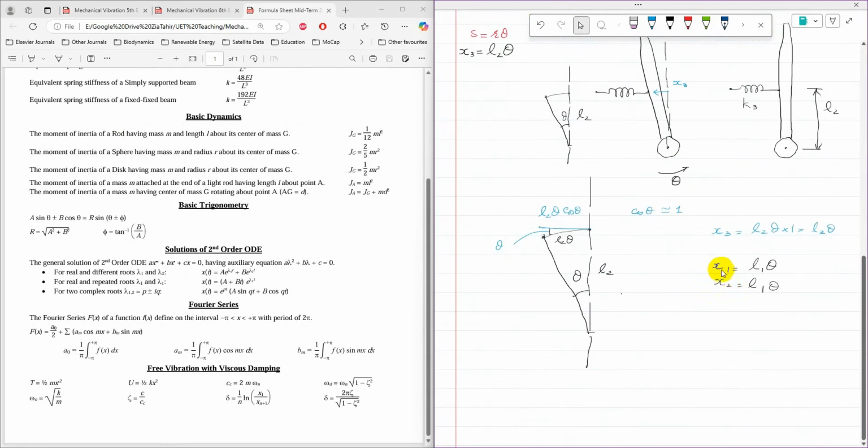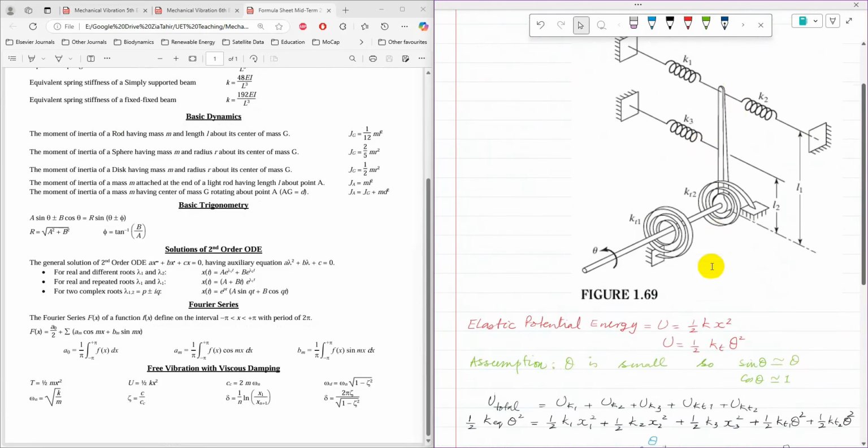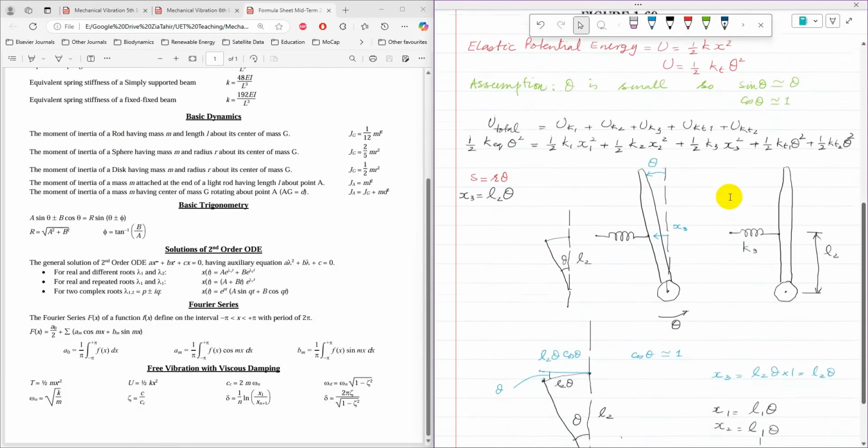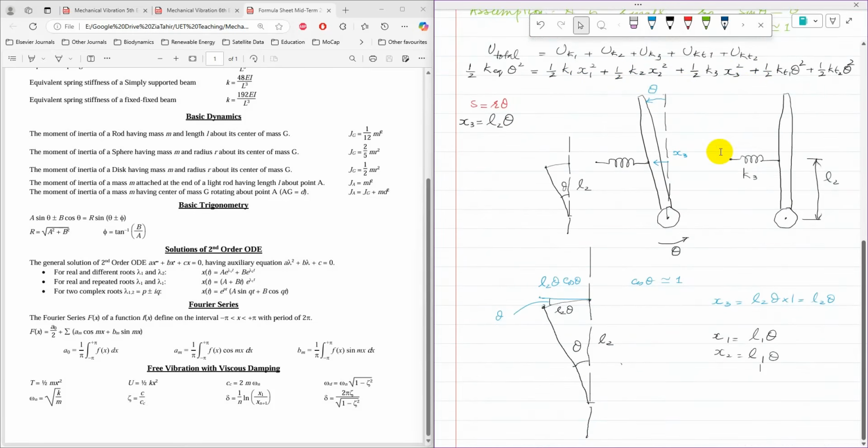So x1 is equal to L1 theta and x2 is again equal to L1 theta, because for K1 and K2 the total length is L1 and the angle theta remains the same. Then the values of x1, x2 and x3 can be substituted into the original equation.